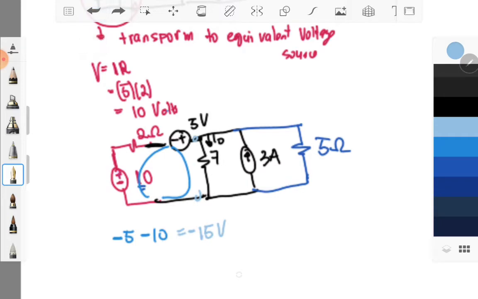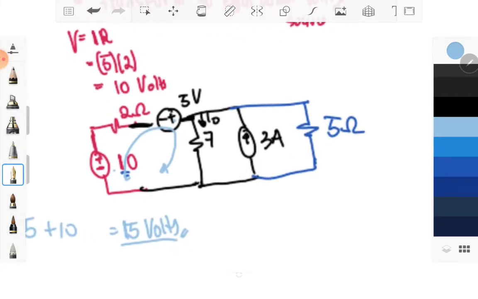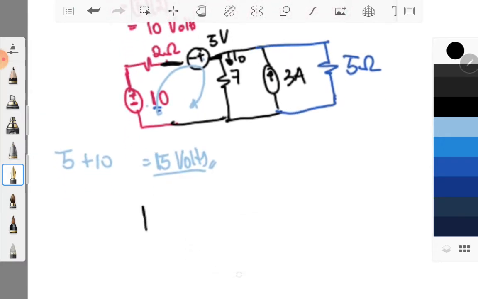If we put plus V for the independent voltage between these two terminals, we have 15 volts. So we have 5 plus 10, that is additive. If it enters the positive, that is a subtractive voltage. So I may say that it can be related into positive, negative 15 volts. When you enter the negative there, negative 15 comes out. And then your 2 ohm resistor, and then another 2 ohm resistor.